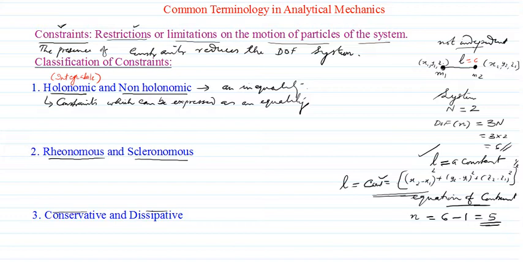For example, consider the motion of a simple pendulum. Say this is the pendulum, a string with a mass or bob, and let the length of the string be L. This is a system containing only one object, so the number of particles n is equal to 1.